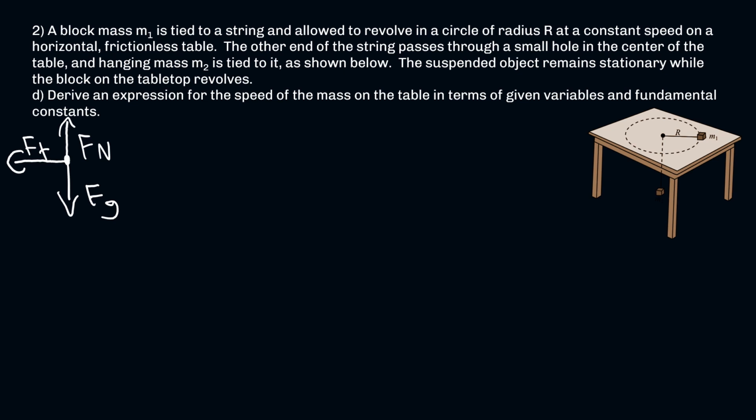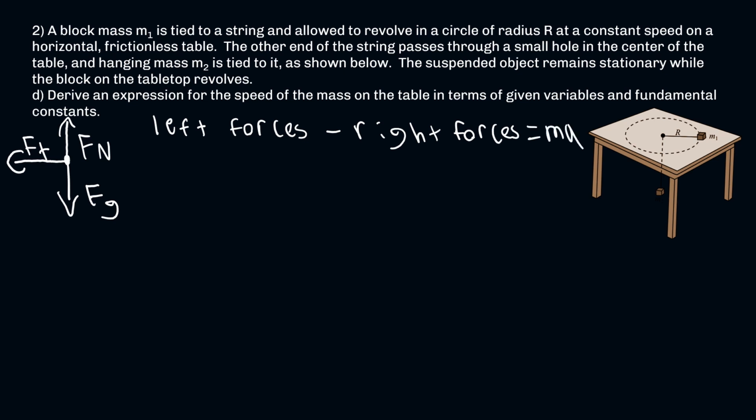So we start with left forces minus right forces equal to ma. As you can see in the free body diagram, there is no right force, so that's 0. My left force, which comes straight from the free body diagram, is Ft, and that is equal to ma. I'm using the equation for acceleration in a circle, v squared over r.